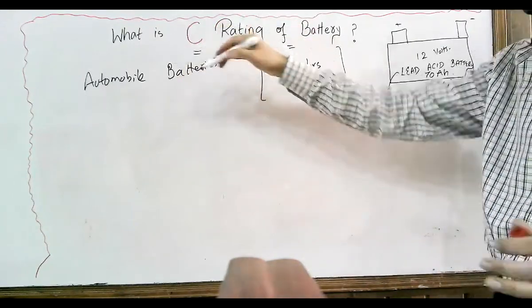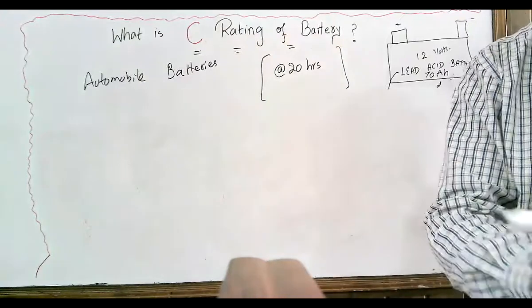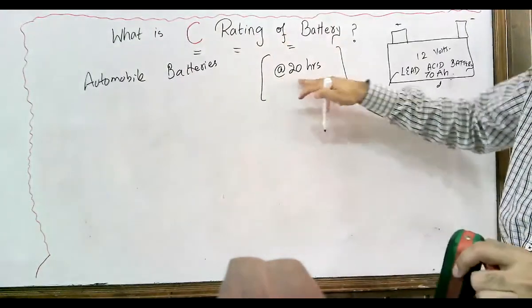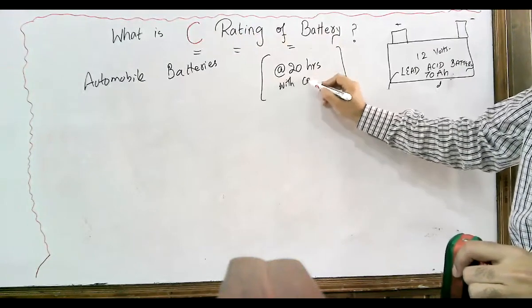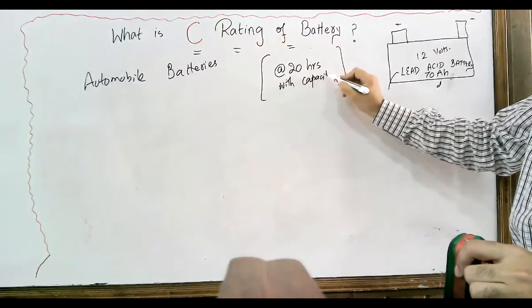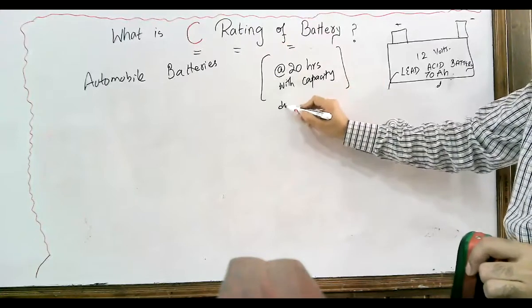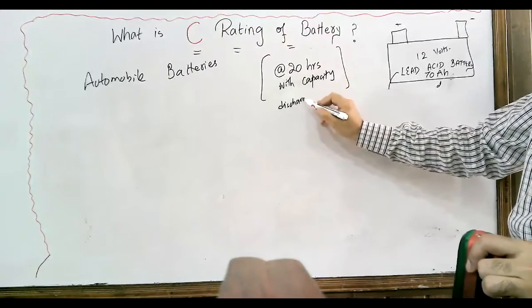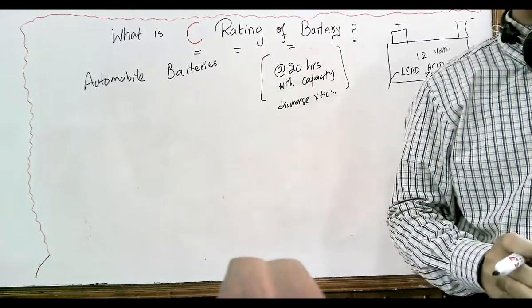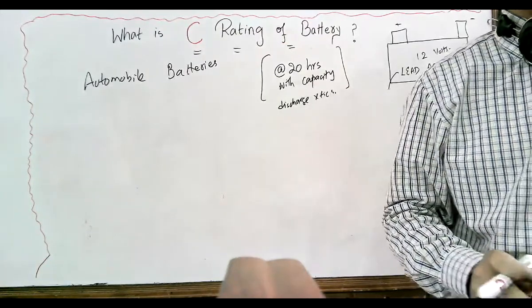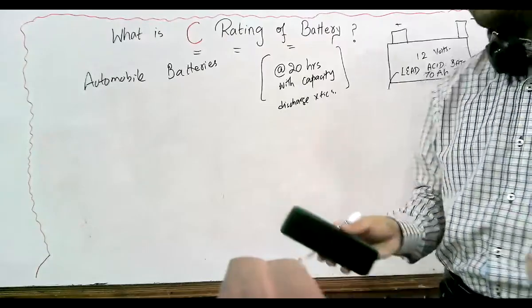Or if C rating is mentioned, then what does it mean? If it is mentioned 20 hours with capacity, it means that you can have an idea of the discharge characteristics of the battery. Now C rating is sometimes mentioned and sometimes not mentioned.